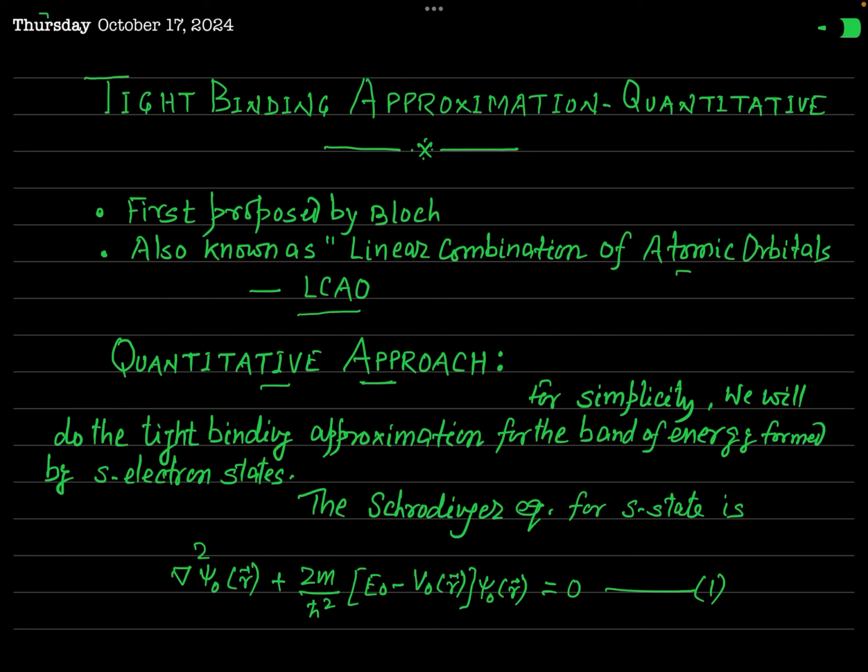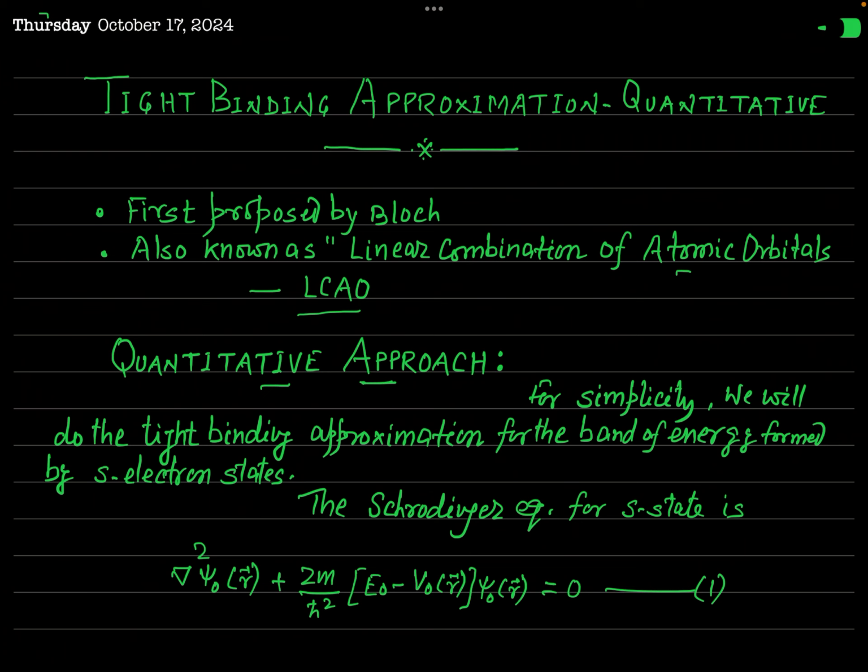It means one energy level of an isolated atom is split into n energy levels, and the spacing between those levels is so small that they form a continuous band, and that is called energy band.